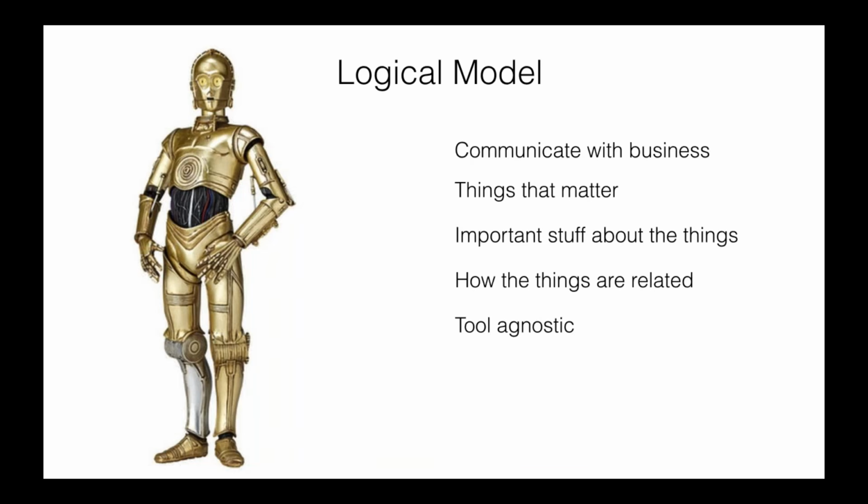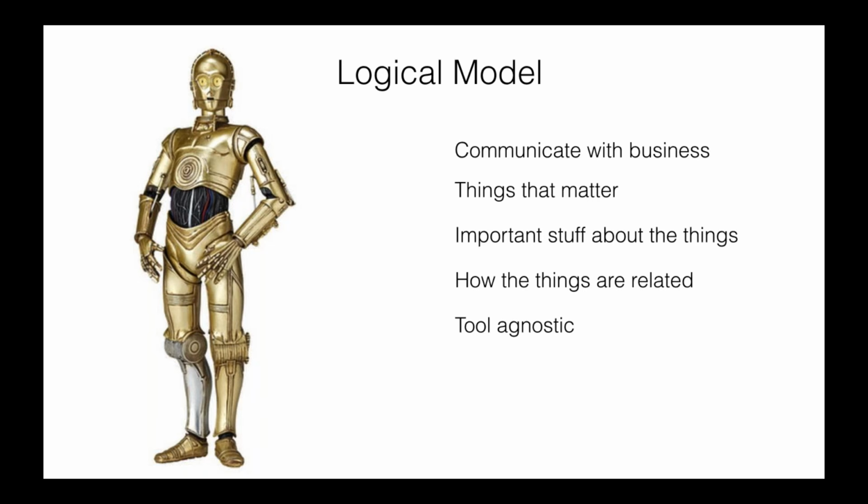The first of these models is the logical model or conceptual model, and it's primarily a tool that you would use to communicate with the business users, your subject matter experts. This is also referred to as an entity relationship or ER diagram. What the logical model does is it identifies things that matter to the business that are part of the system that you will be developing. It also captures important stuff about those things.